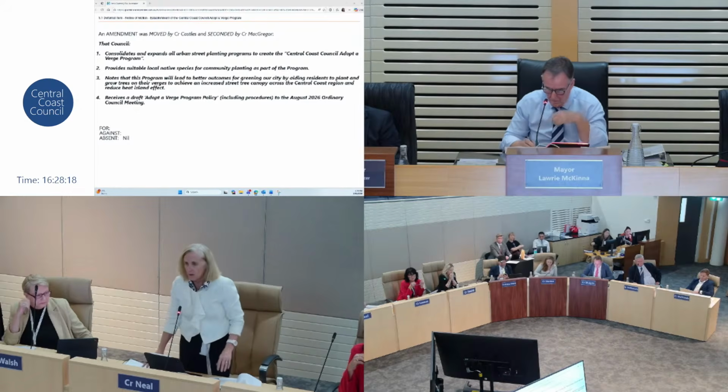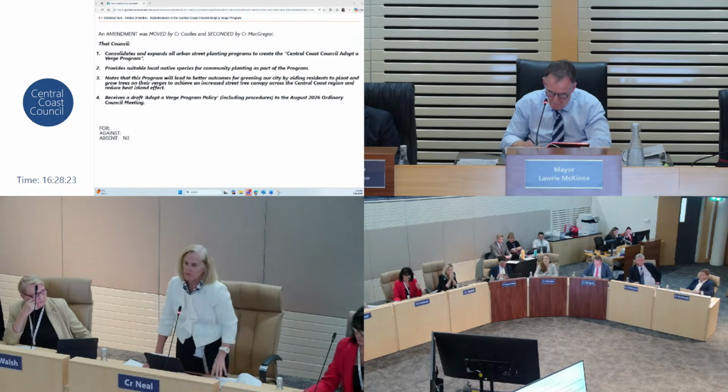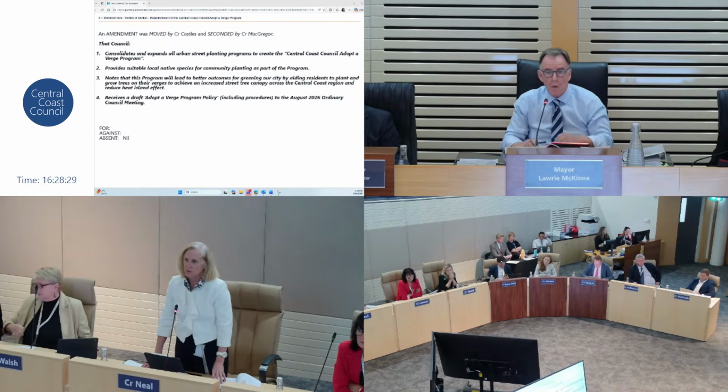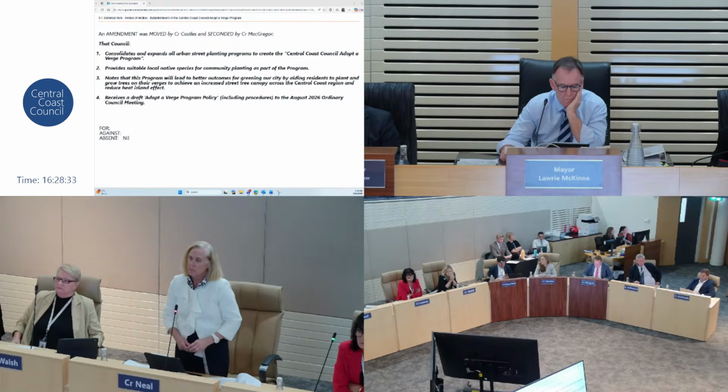Thank you, Mr. Mayor. I rise, frankly, I'm deeply concerned about the cynicism of this notice of motion that's before us. As both the community and the councillors are well aware, the policy of planting trees on the peninsula has been a major policy of my own since the election and subsequently.